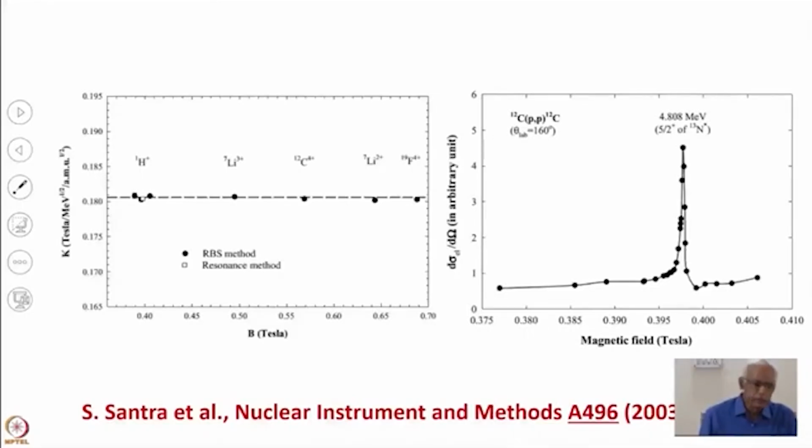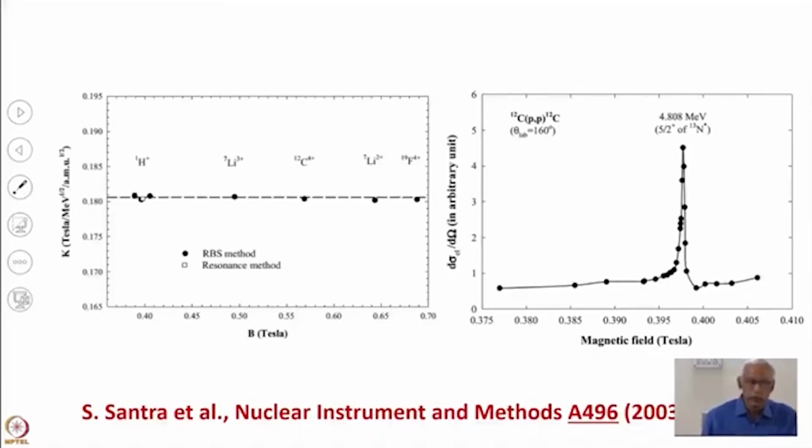As I mentioned earlier, we did not want to restrict to only one measurement. So we did the measurements for several targets and several beams. Here you can see that we used proton, lithium 7, carbon 12, and fluorine 19 beams and various targets.